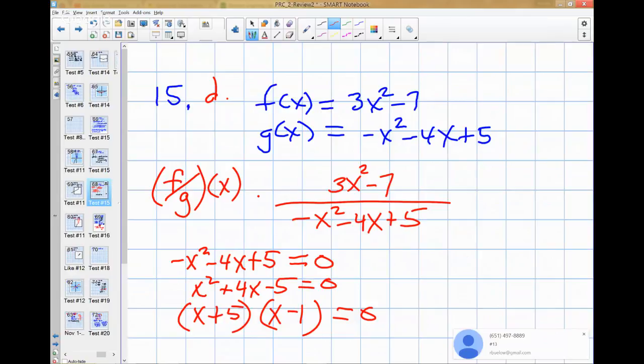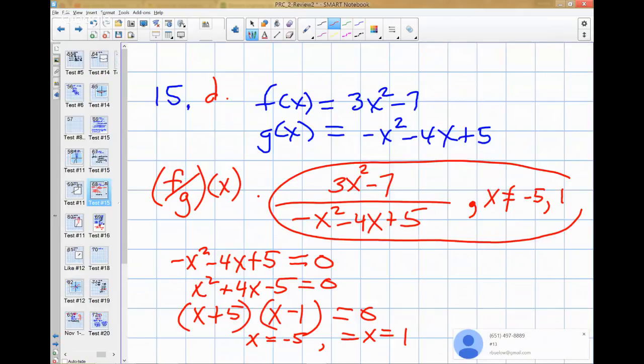So what are the two things? x equals -5, x equals 1. So now I know what x can't be. Let's go up here and say x cannot be -5 or 1. So I would say this answer is now complete for part D, Matt.